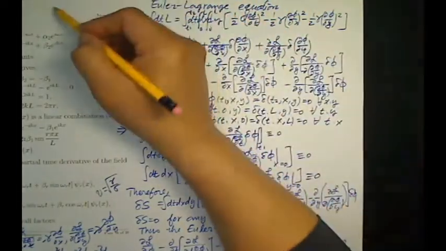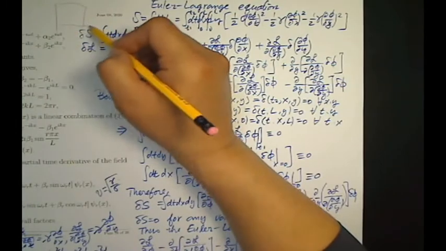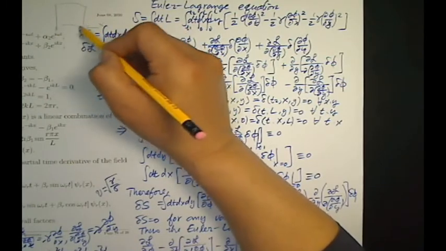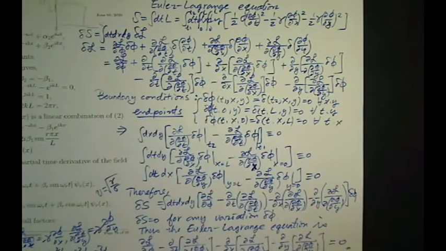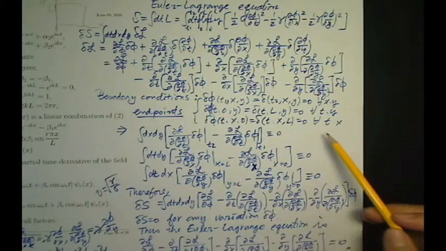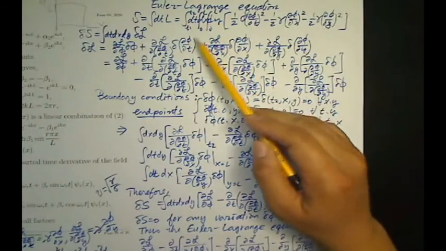So in this kind of case, x runs from 0 to L, and y runs from 0 to L. All right. So we do not allow the variation of the field at those endpoints.